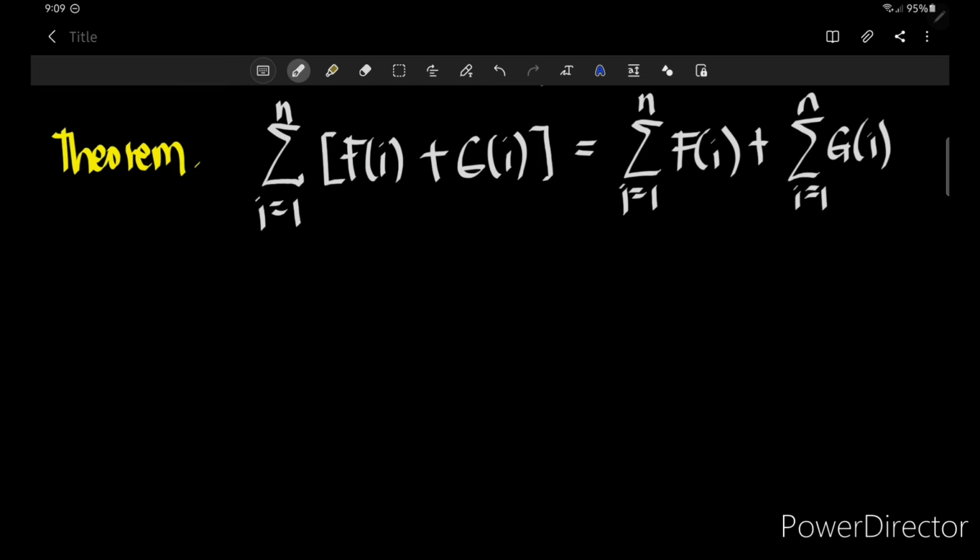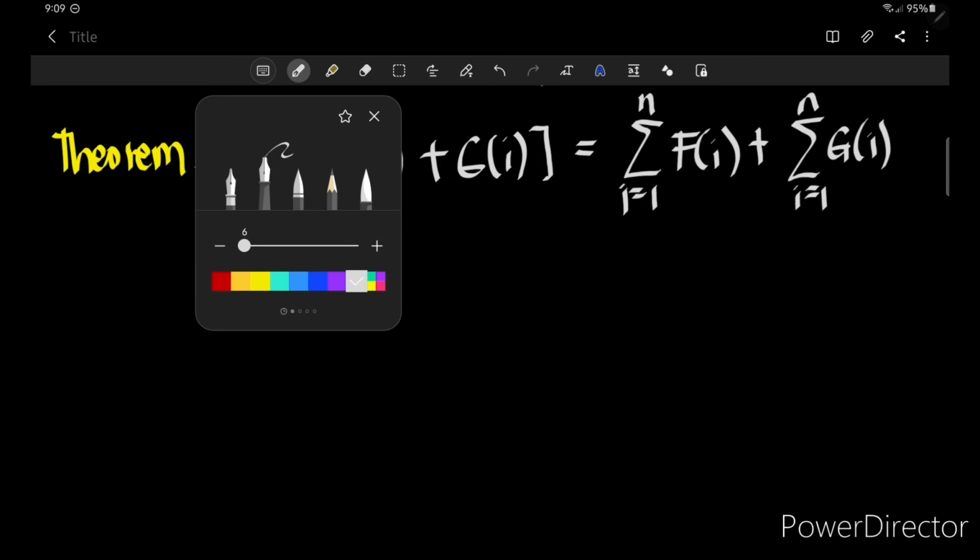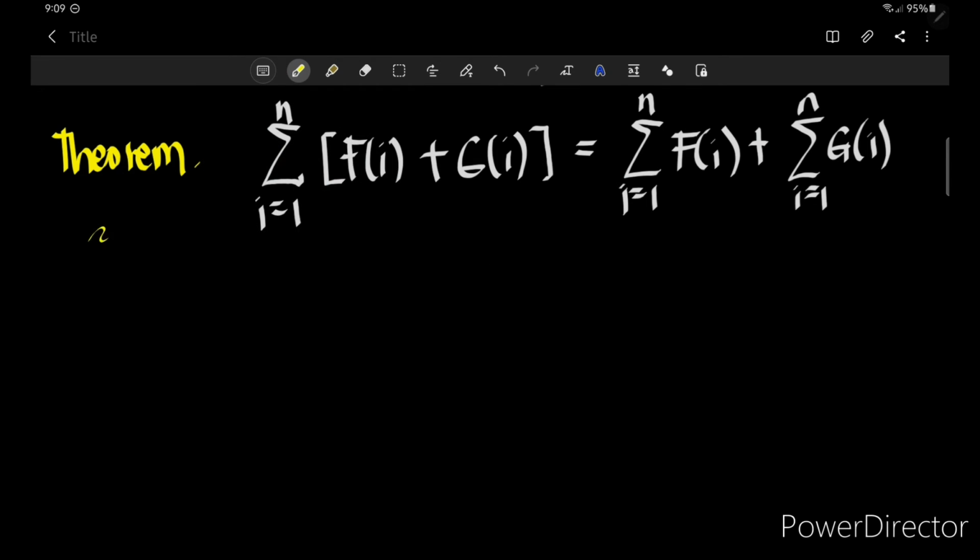So, paano natin ipoprove to na equal lang po ito sa isa't isa? Okay? Ang kailangan lang natin gawin ay express itong nasa left side gamit ng ating sigma notation definition. Okay? Then, gagamitan lang natin ng onting algebra. Okay? So, ito, yung nasa left side, that is equal to, paano ba?